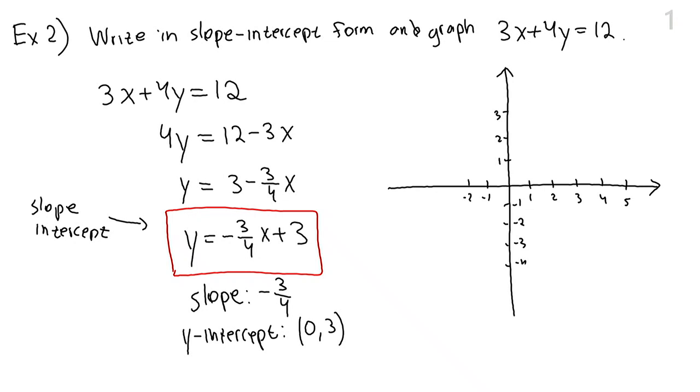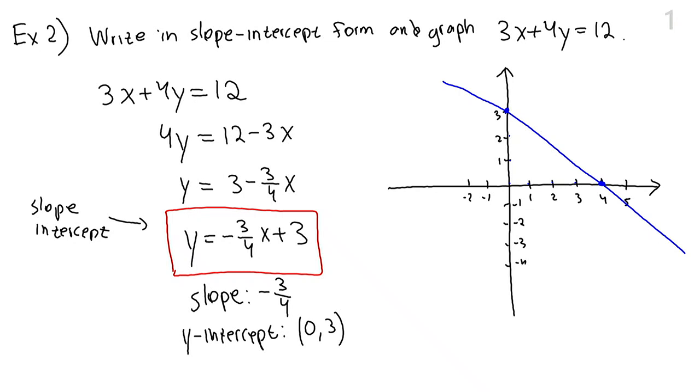So the y-intercept is at 0, 3, which is here, and now we have a rise of negative 3, which means we have a fall of 3, so 1, 2, 3, and we have a run of 4, 1, 2, 3, 4. And so our next point on our line ends up here, and then we just draw a line through our 2 points, and here we have it.